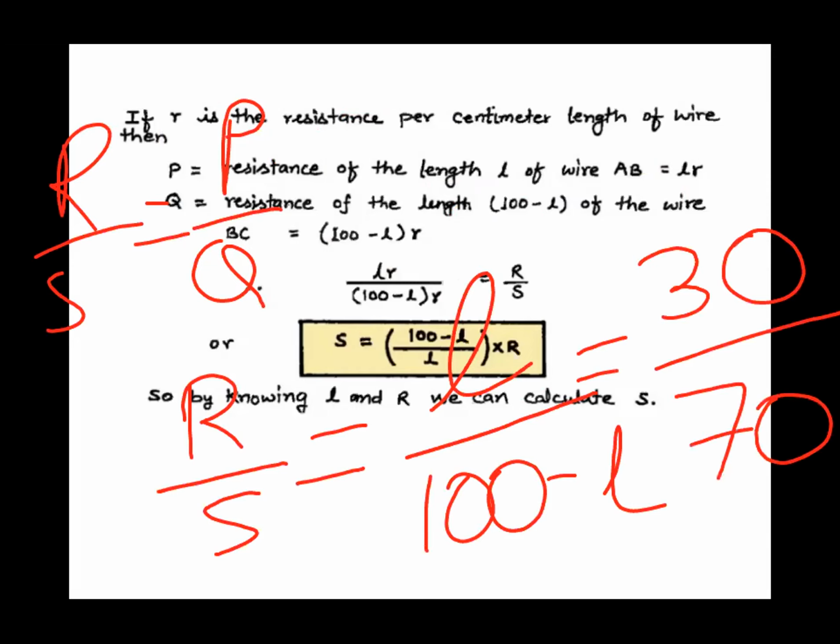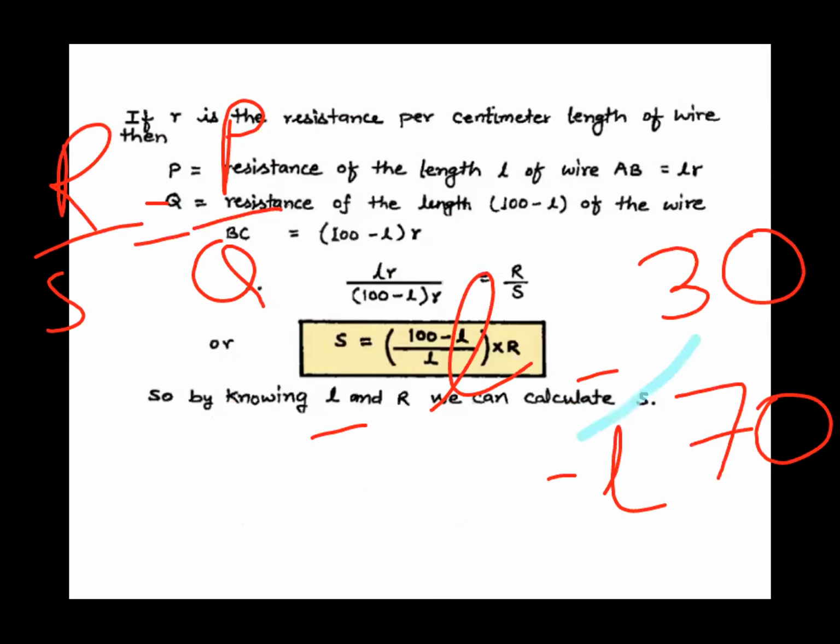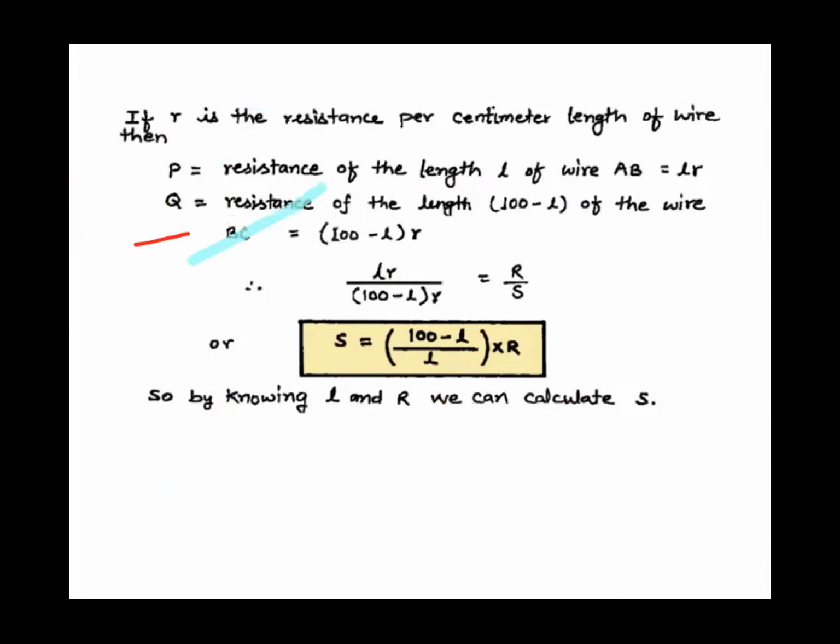So R value you know, we can find the value of S. If you make S the subject of the formula, your final equation will be, children, S equals 100 minus L upon L into R. So this is your meter bridge, which is also known as slide wire bridge. Okay, children. So this is it, and with this, the topic is done.